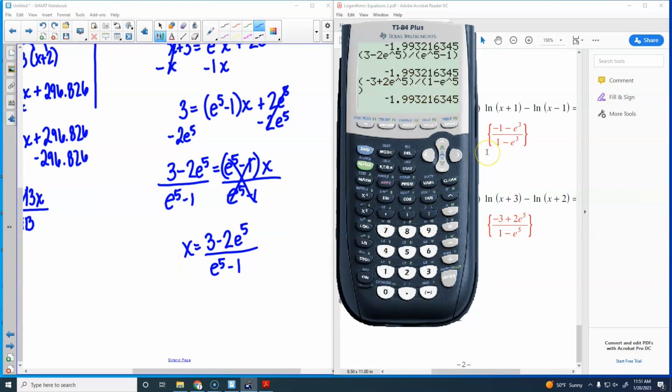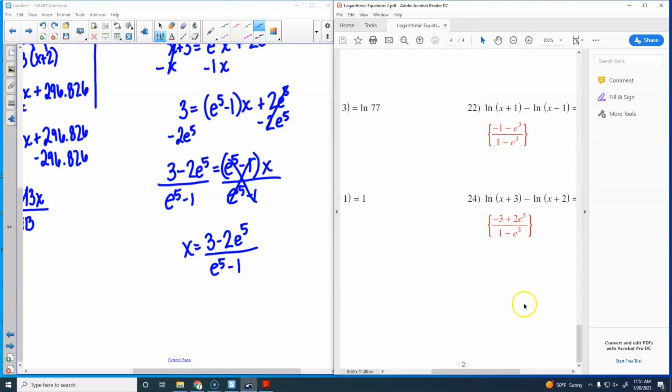I'm purposefully not going to give you the decimal answers for these last 3, because it's up to you whether you want to solve it with decimals or solve it with e's and then check. But I want you to be able to type this into the calculator and see if you're getting the same thing as the decimal that you got there. So I'm purposefully not giving you decimal answers for those.